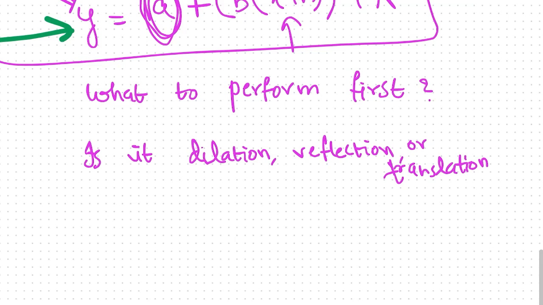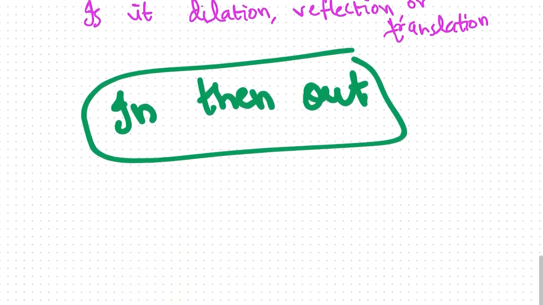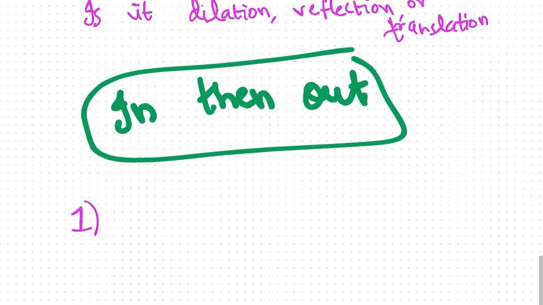So the concept is come from in, then out. So tell me the first step, what will happen? You do the translation left or right first. And then you do horizontal dilation.